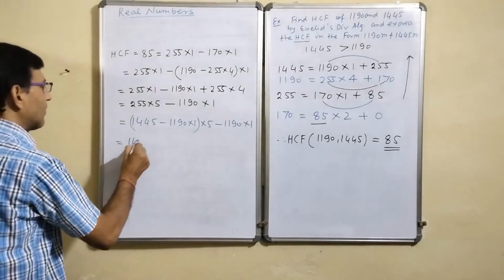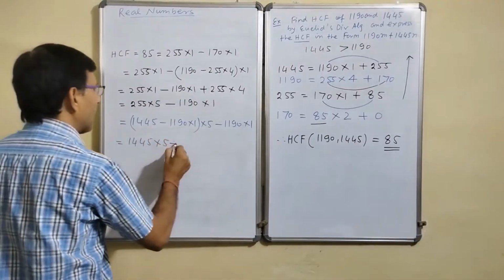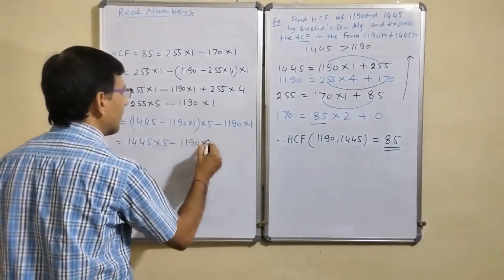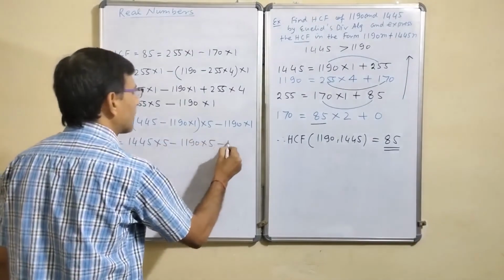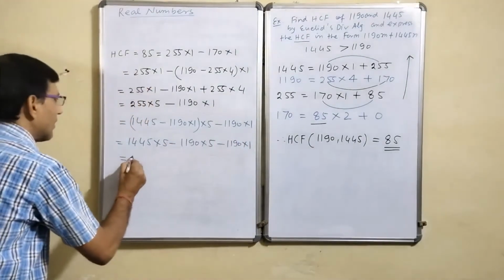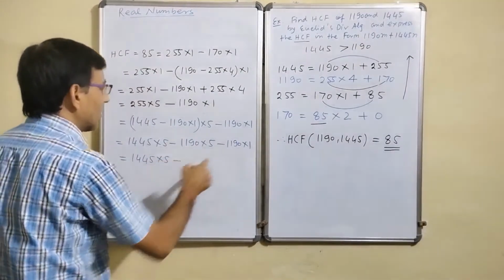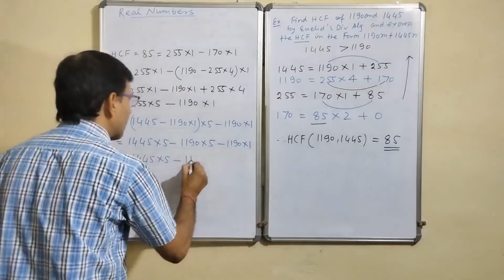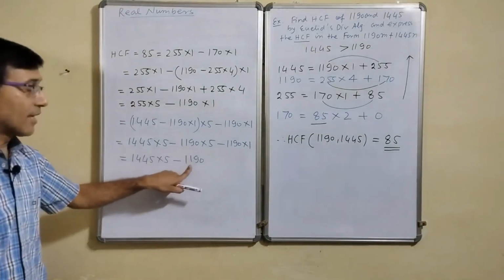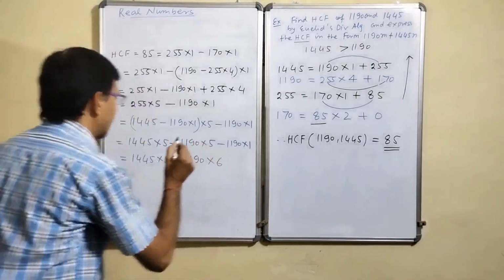This is 1445 into 5 minus 1190 multiplied by 5 into 1, and minus 1190 into 1. Now simplify it. 1445 into 5 minus, you take 1190 common, 5 plus 1, that is multiplied by 6.